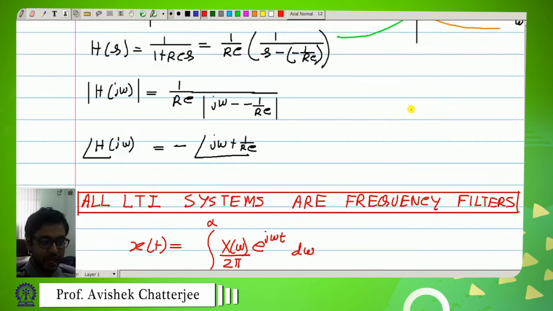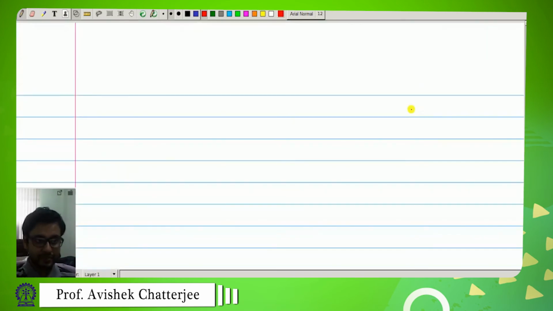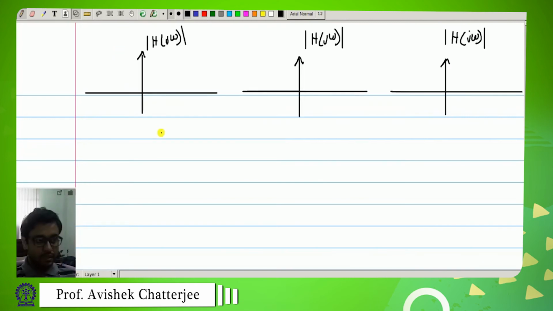So systems are filters. Now let me just tell you some standard terminologies. Suppose you have a system whose magnitude response is like this. It is high for low value of frequency and low for high value of frequency.